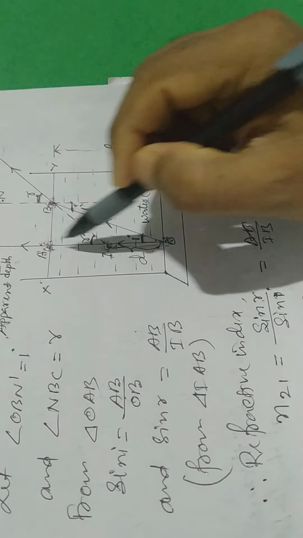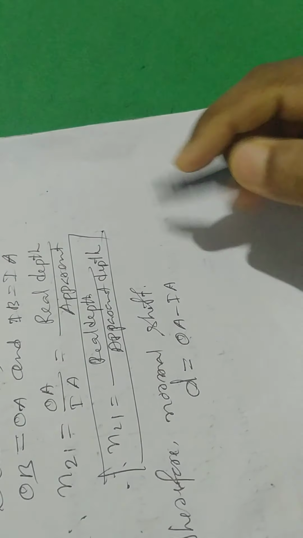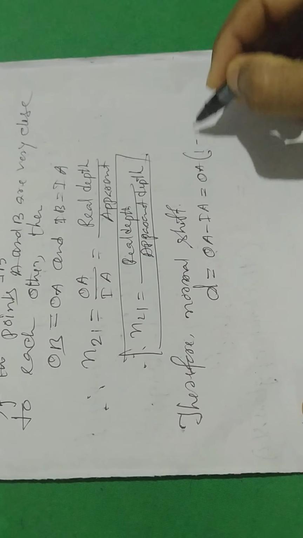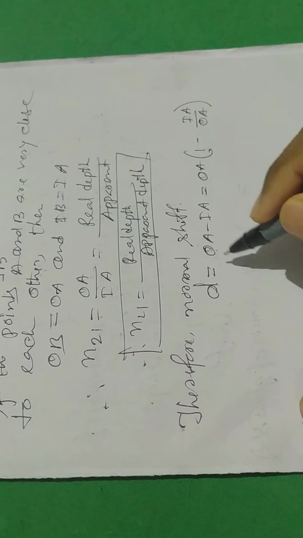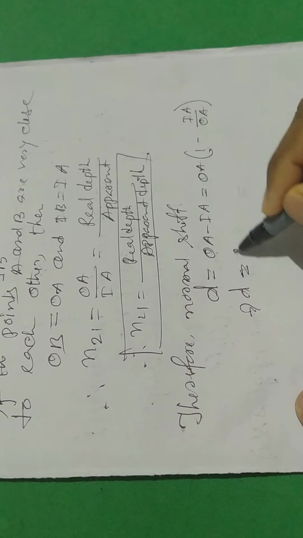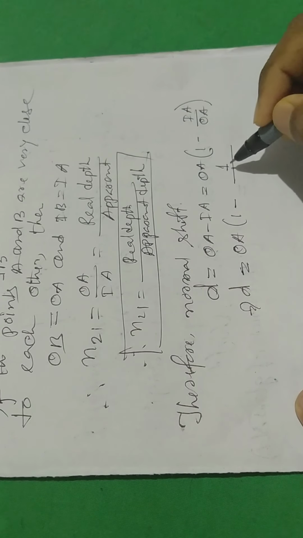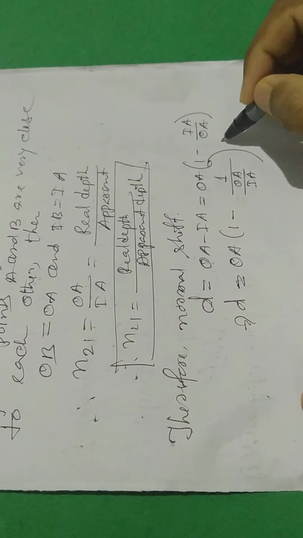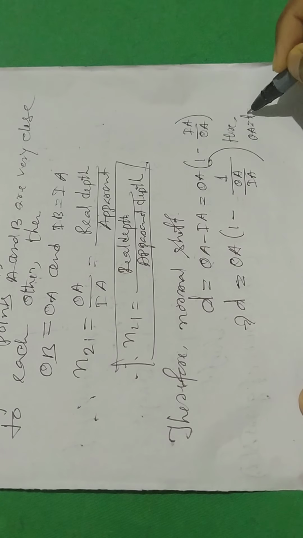So taking OA common, OA times 1 minus IA by OA, that is 1 minus 1 upon OA by IA, where OA is t, the real depth.